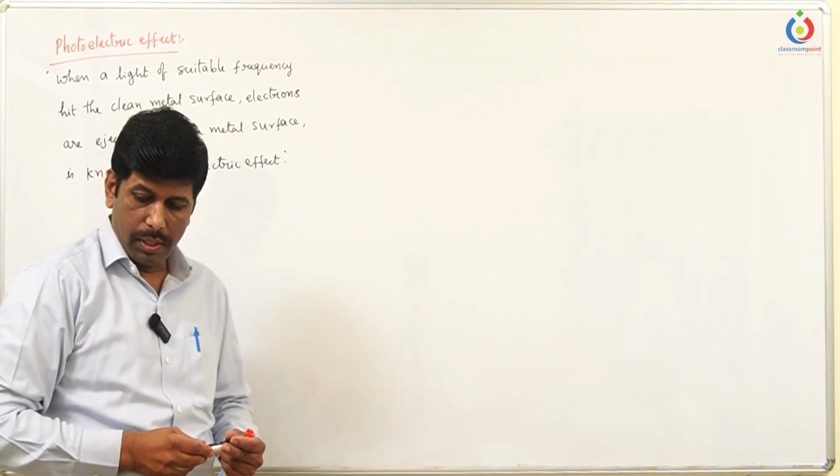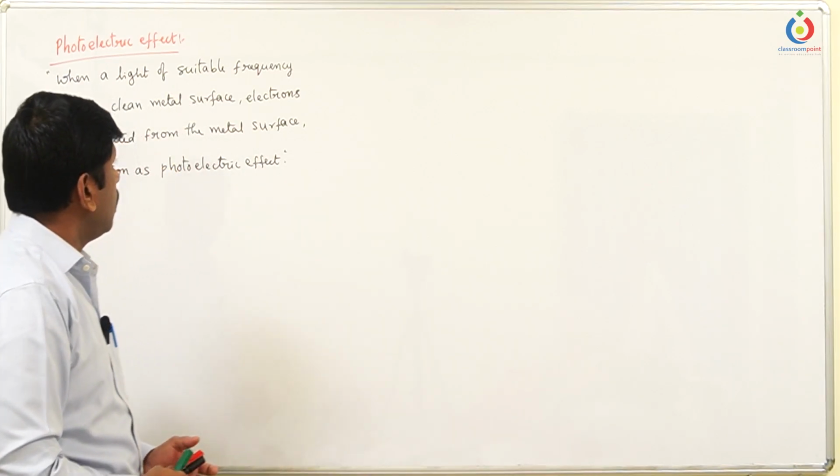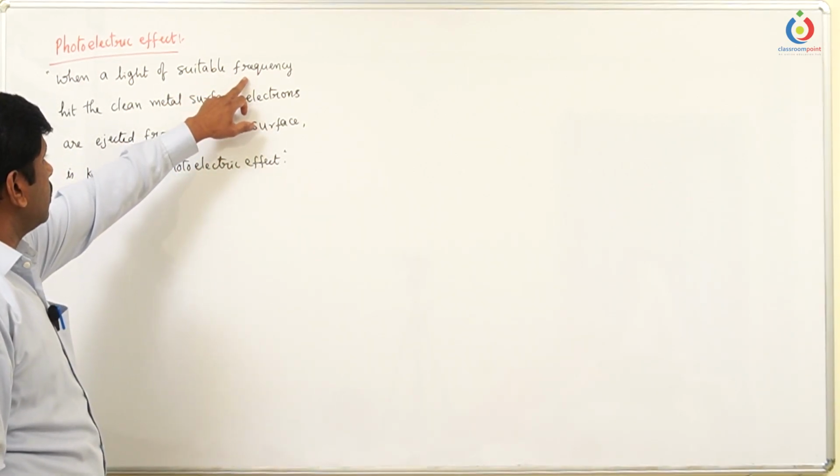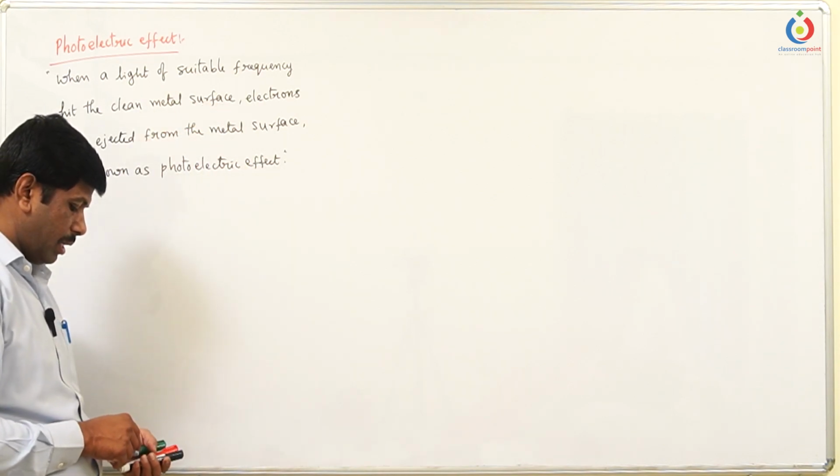So this is the definition of the photoelectric effect, which says that when light of suitable frequency hits the clean metal surface, electrons are ejected from the metal surface.